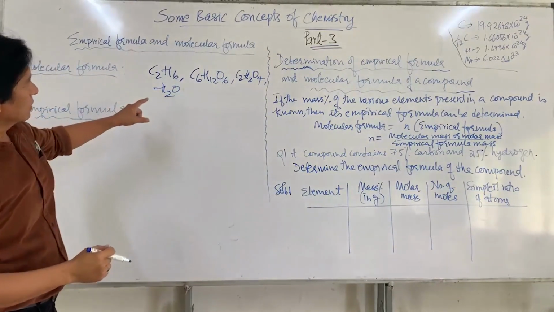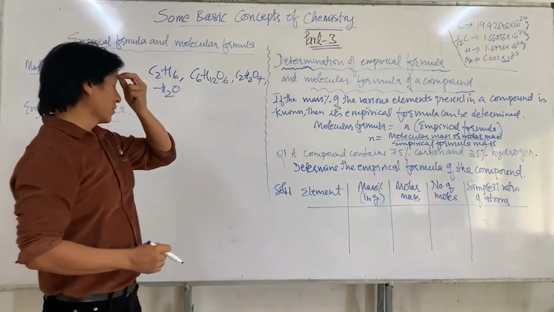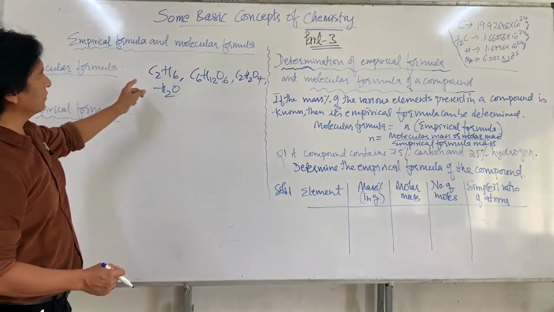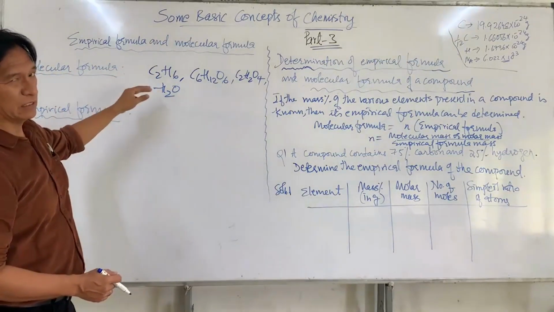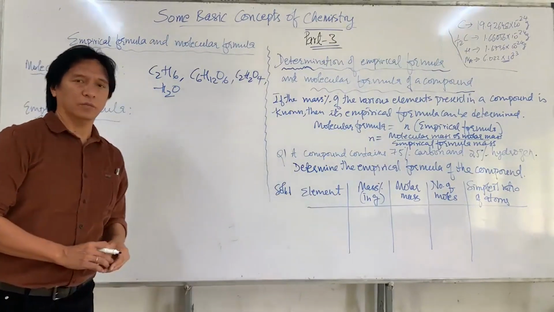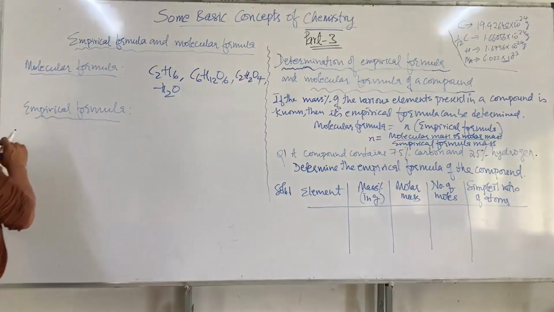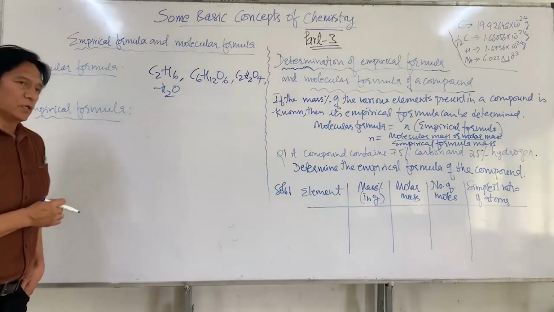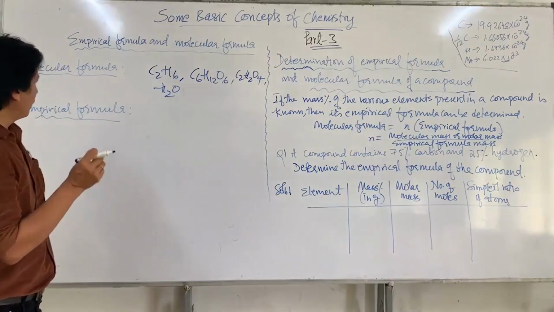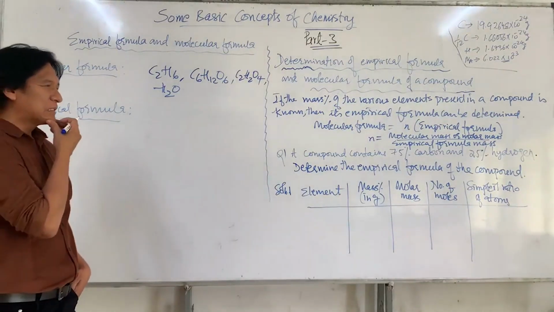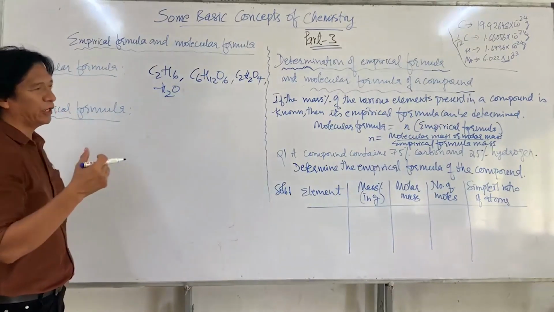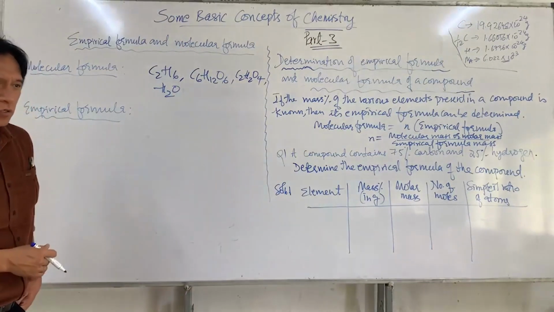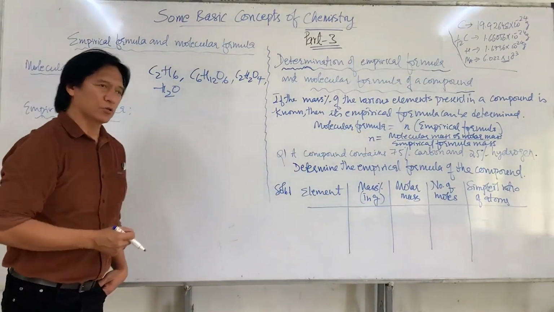Here you see that these formulas represent the exact number of atoms of different elements present in a molecule of the compound. Now, as far as empirical formula is concerned, an empirical formula shows the simplest whole number ratio of the various atoms that are present in a molecule of the compound.